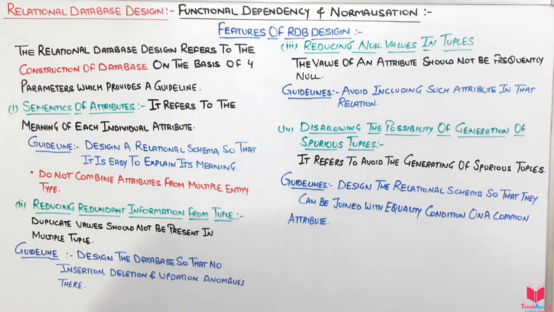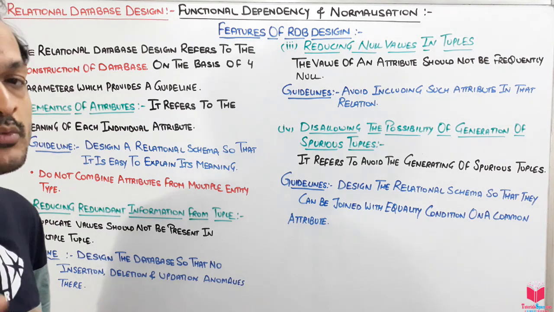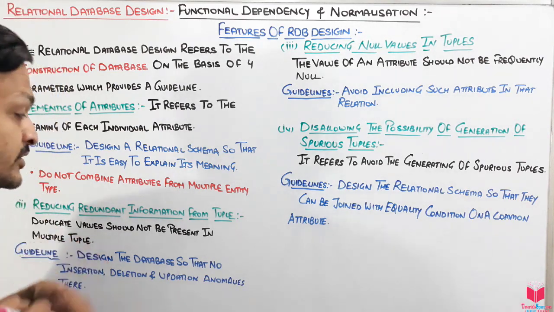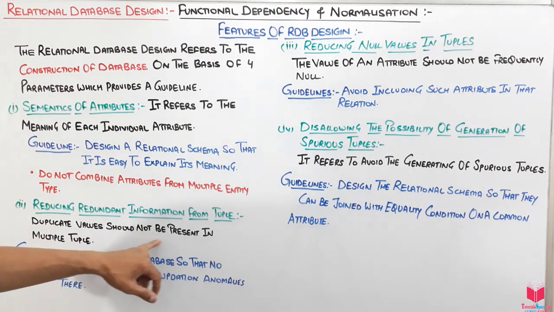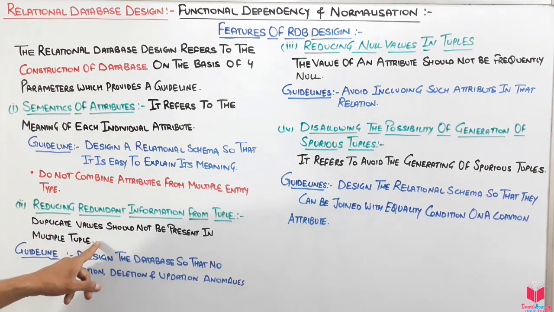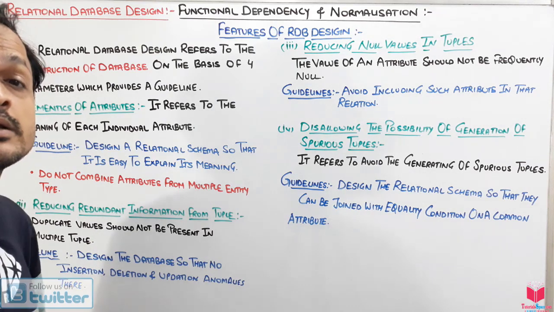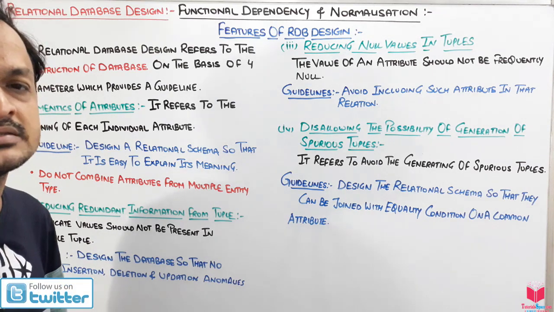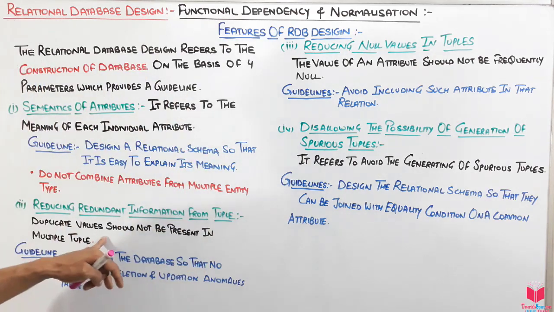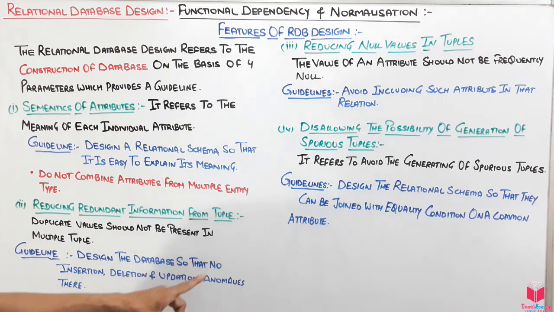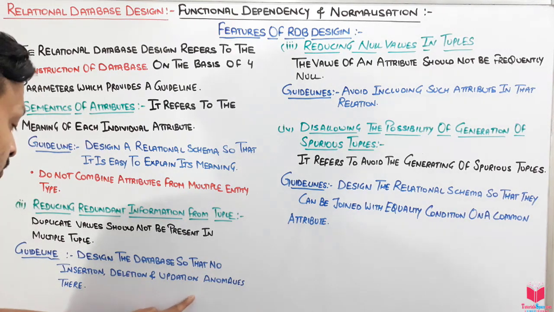After that, the second parameter is reducing redundant information in tuples. Redundant information means duplicate values, so we should reduce the duplicate values in the rows or tuples. Duplicate values should not be present in multiple tuples. One or two may exist, three may exist, but if they exist frequently, it will create some problem for you. The guideline is to design a database so that no insertion, deletion or updation anomaly is there.